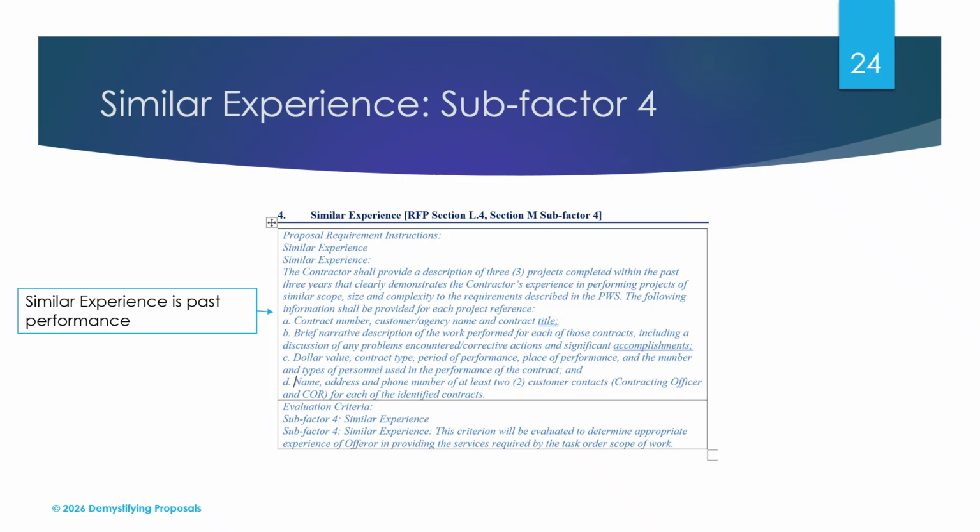They do require you to have 2 customer contacts for each of the contracts. So again, this is very classic past performance information. Even though they call it similar experience, it's essentially the same as what I would call past performance.